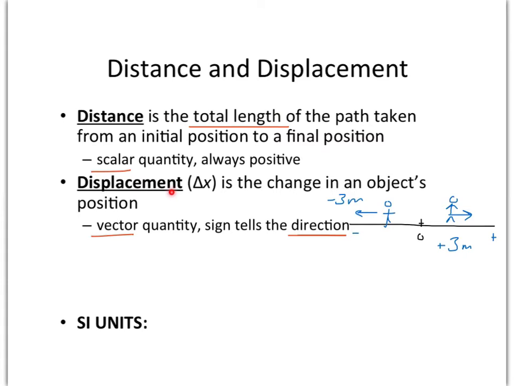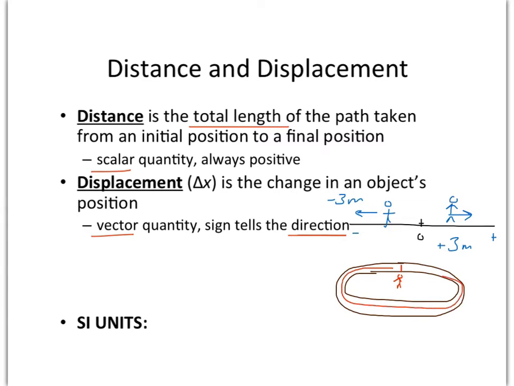Another way to illustrate this would be to think of a track, like track and field. So here is the track, like outside your school. You've got a starting line and a finish line right there. And this red person stands here, and then as the gun goes off, they travel all the way around the track.